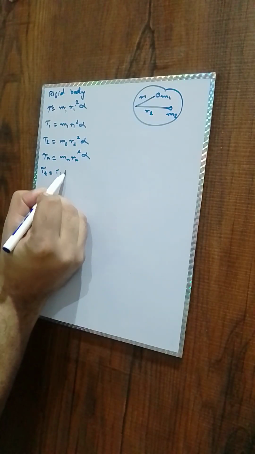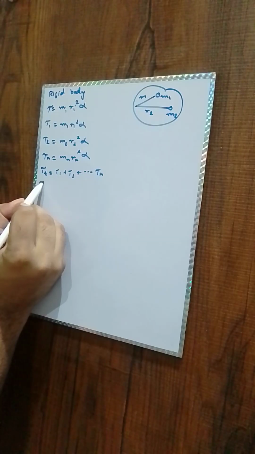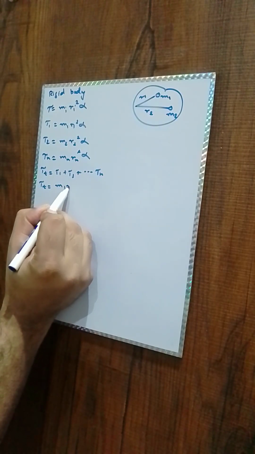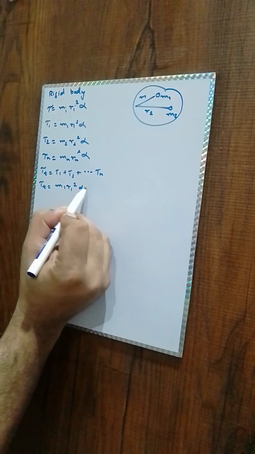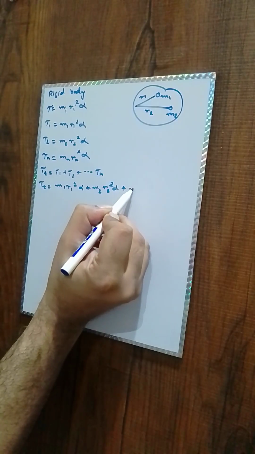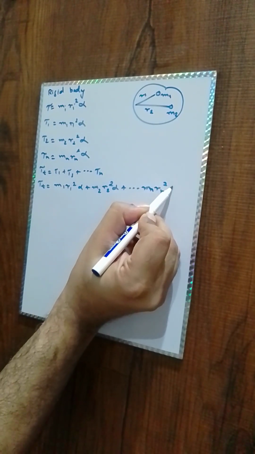which means tau total is equal to tau 1 plus tau 2 plus up to tau n, which says that tau total is equal to m1 r1 square alpha plus m2 r2 square alpha plus up to mn rn square alpha.